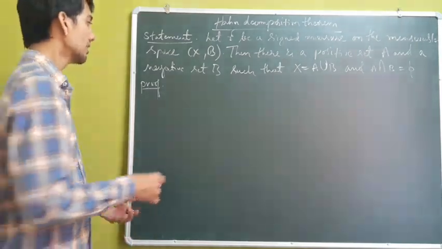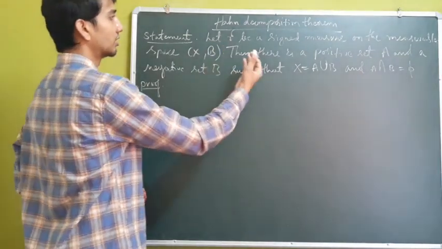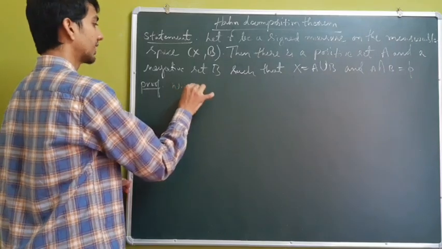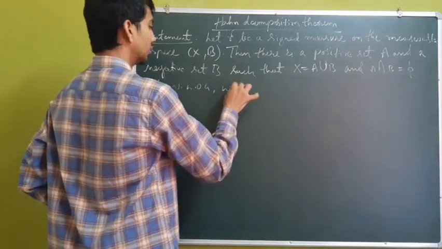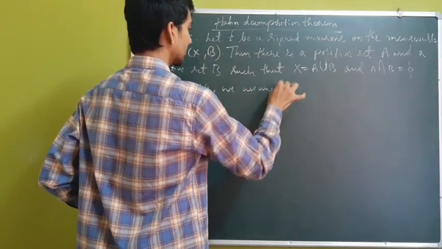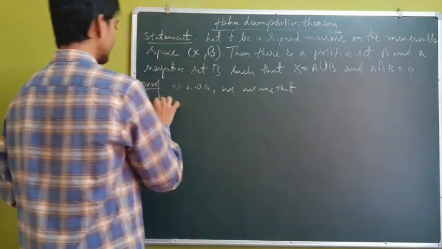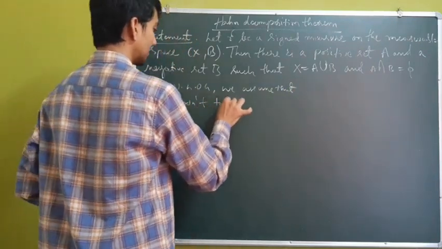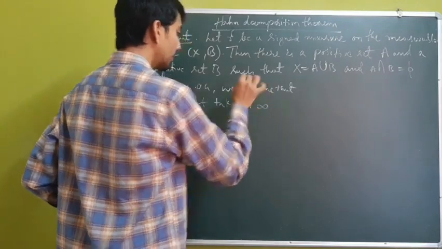For the first, I will assume that gamma does not take the value plus infinity. So without loss of generality, we assume that gamma does not take the value plus infinity.